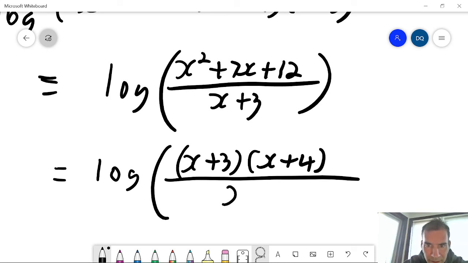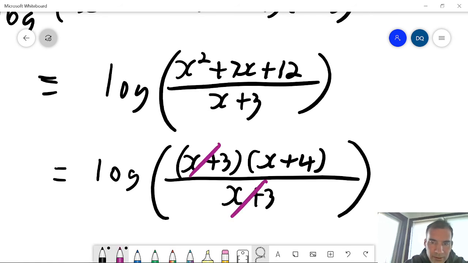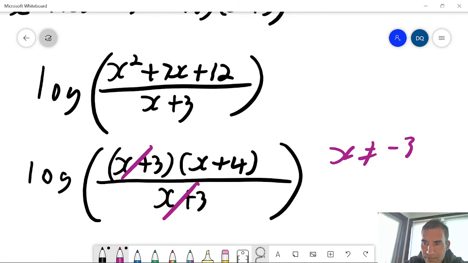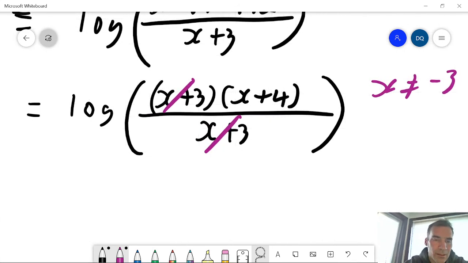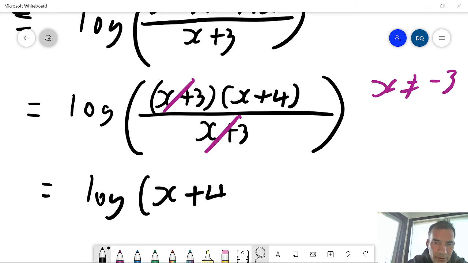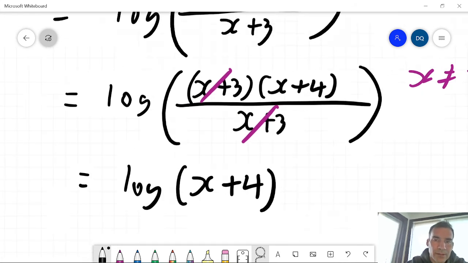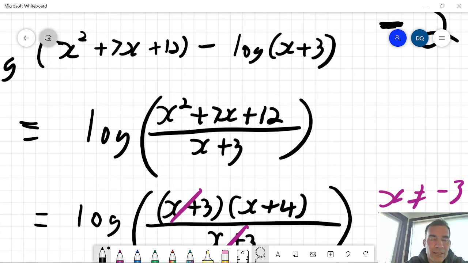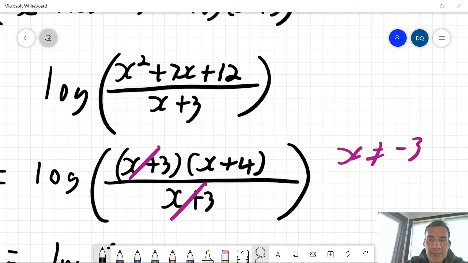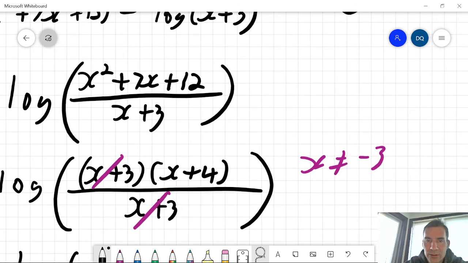And if we divide that by x plus 3, those are going to cancel each other out, with the restriction that x is not ever equal to minus 3. So all of this is equal to the log of x plus 4. So we have dramatically simplified that, where x is not equal to minus 3.